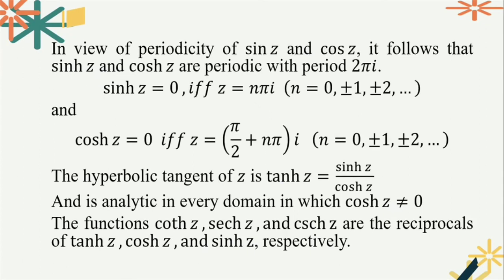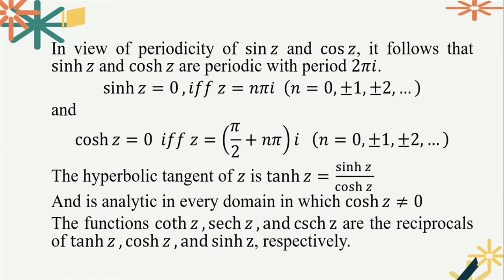In view of periodicity of sin z and cos z, it follows that sinh z and cosh z are periodic with period 2 pi i. Sinh z is equal to 0 if and only if z is equal to n pi i, for n an integer.